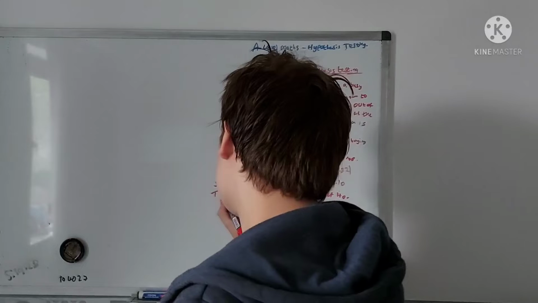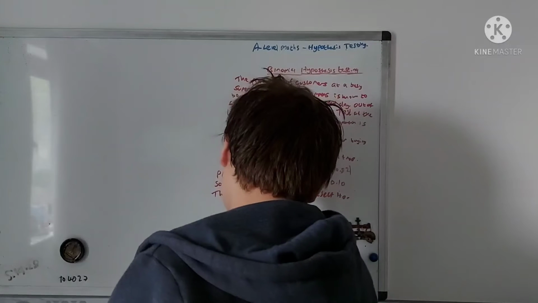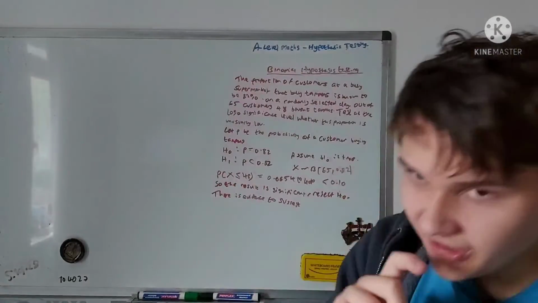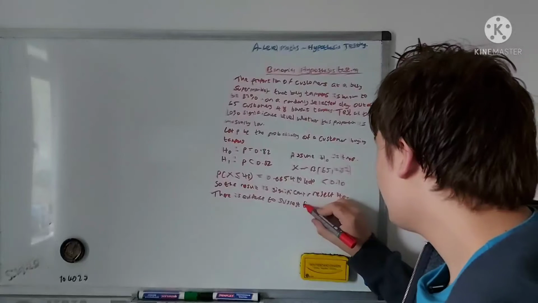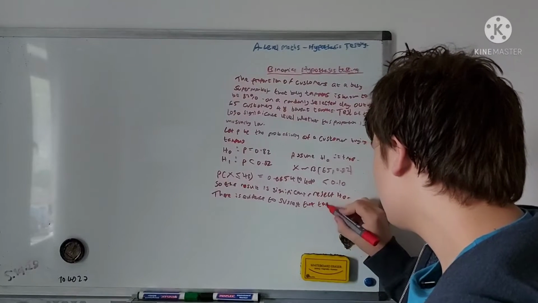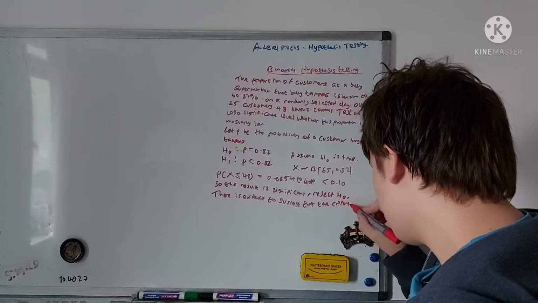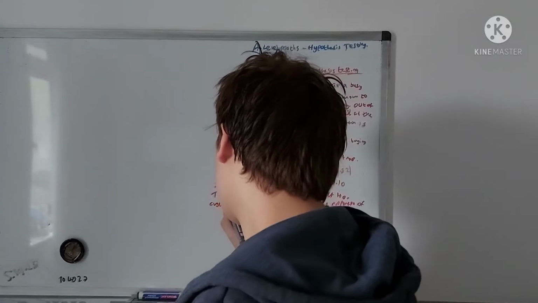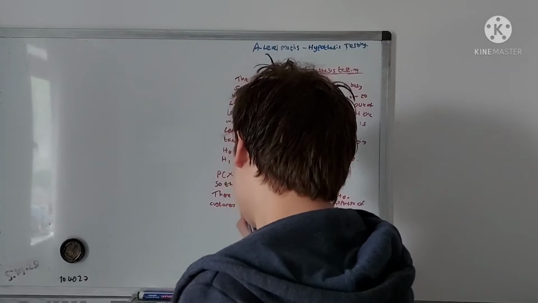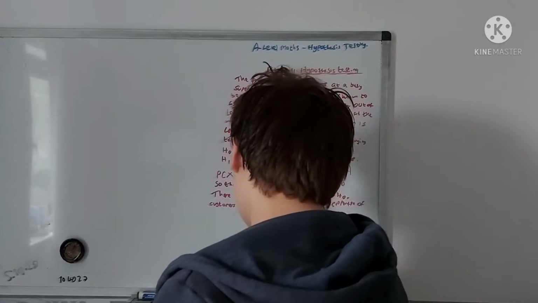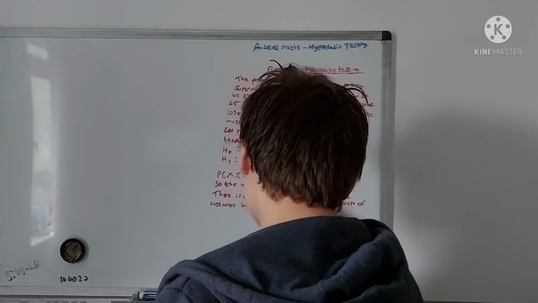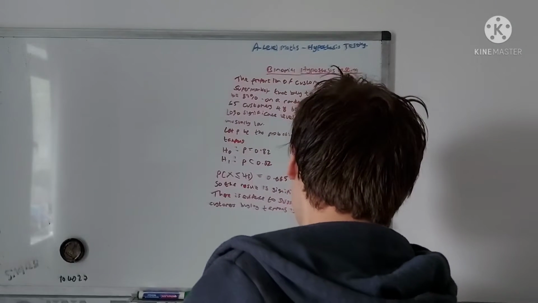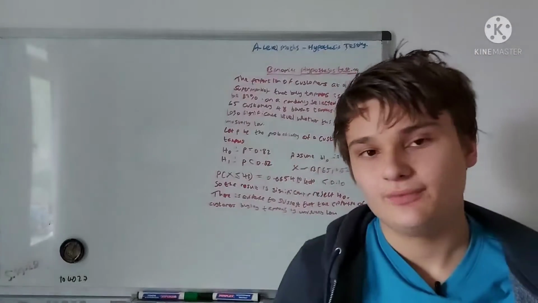And then our concluding statement, it says there is evidence to suggest, and we have to give it in context as well, that the proportion of customers buying tampons is unusually low. And that is our hypothesis test.